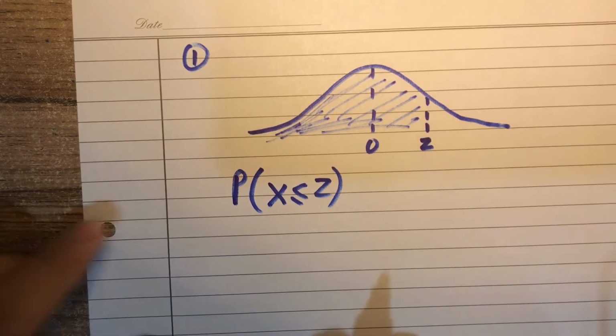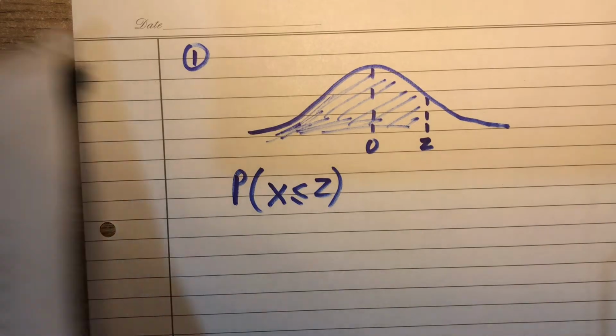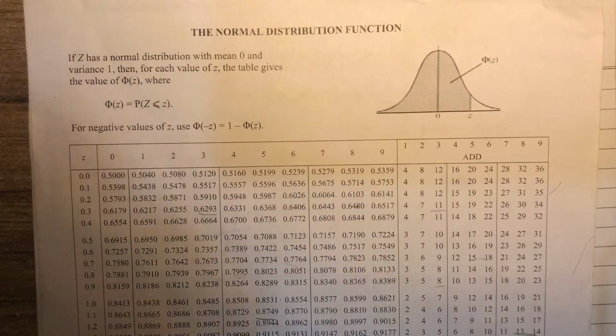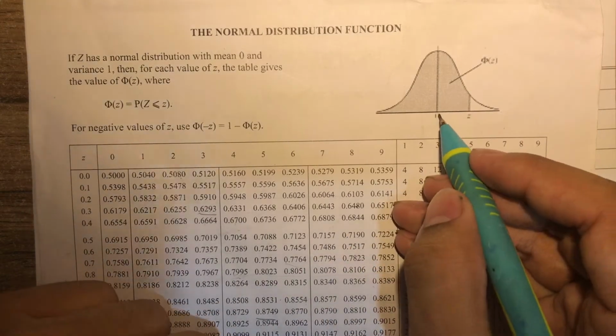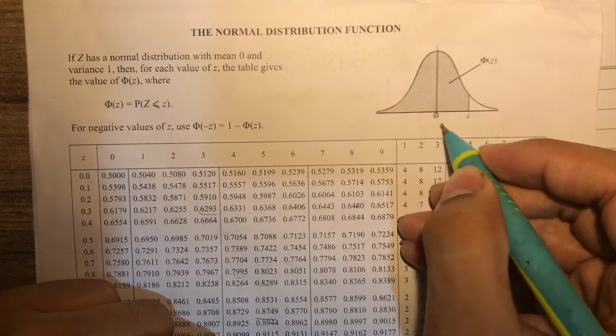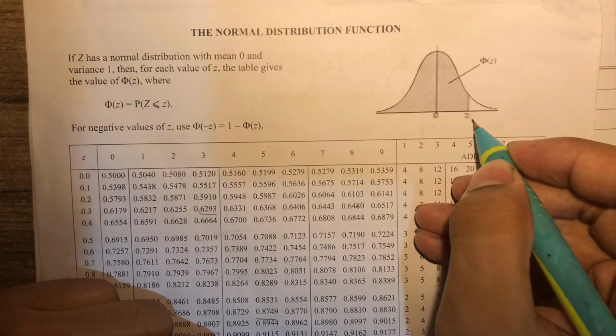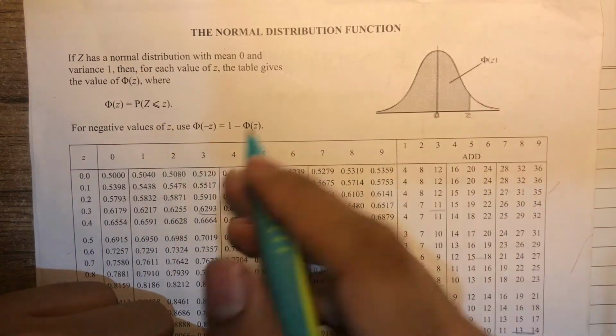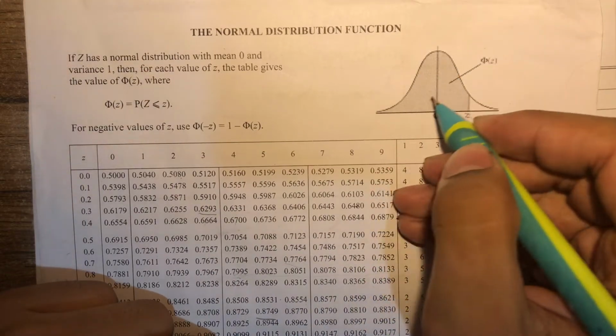Now in MF19 we have this table. Now what does this table represent? So this is the normal curve with a standard normal distribution, and this is z over here. So this table will give us this probability, right?